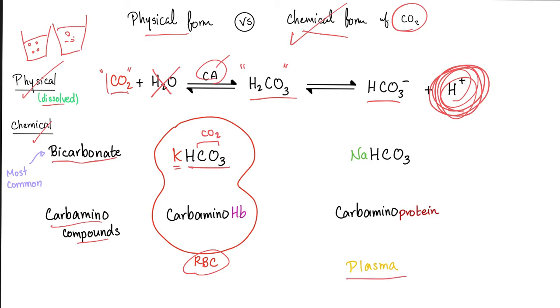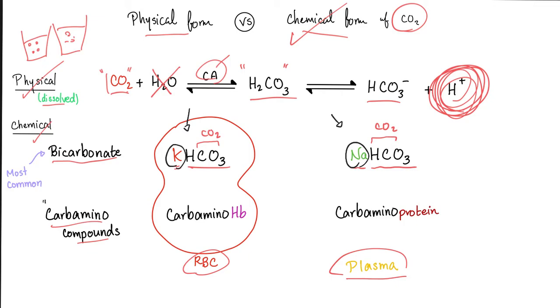But if you are in the plasma, which means outside of the red blood cell, you are in the form of sodium bicarbonate, and the CO2 is here as you see. Why do you say potassium inside the RBC and sodium outside? Because if you remember cellular physiology, you know that potassium is more prevalent in the intracellular fluid and sodium is more prevalent in the extracellular fluid.